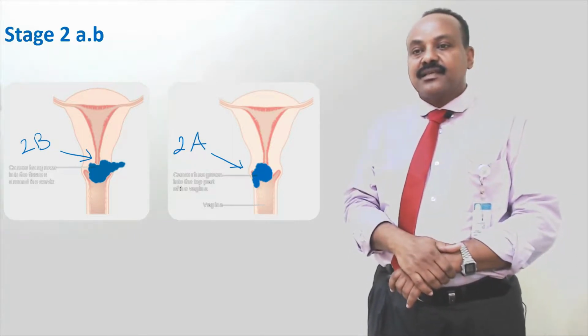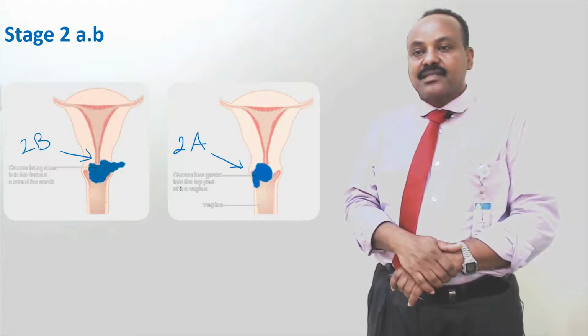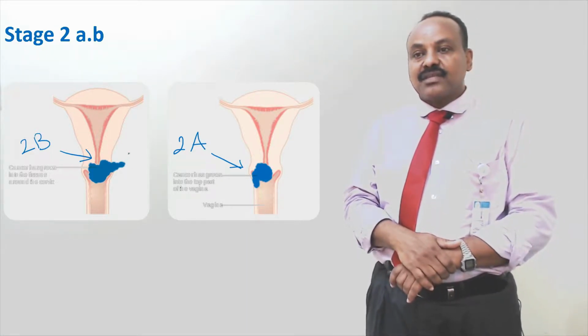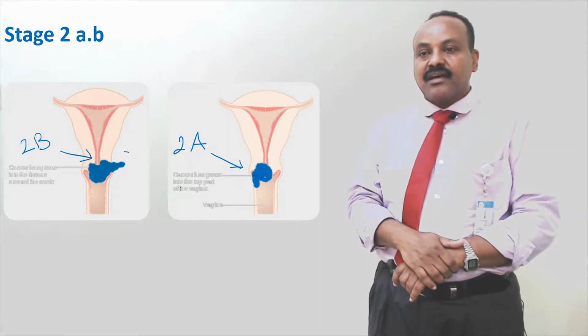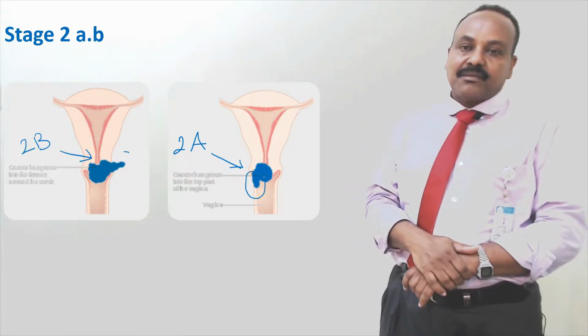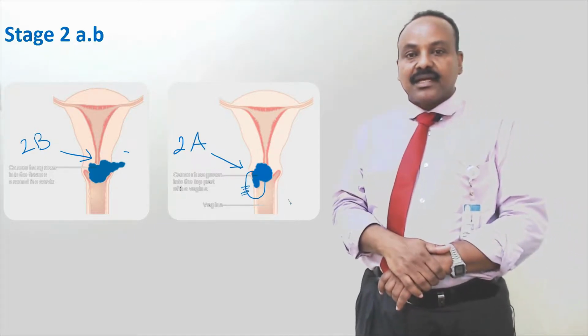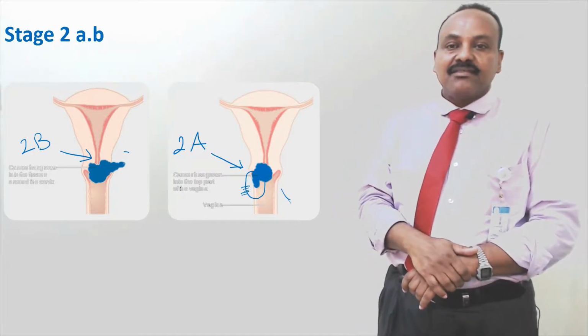You can see that the carcinoma extends outside the cervix, invading the upper third of the vagina, but not invading the parametrium. And in the picture to the left of the screen, the carcinoma has invaded even the parametrium.